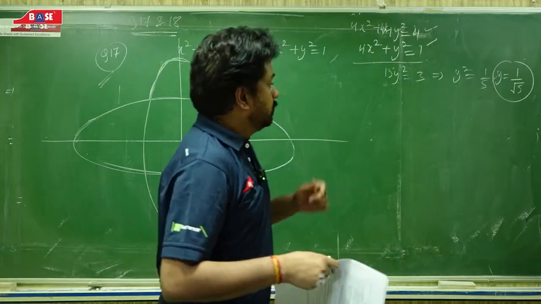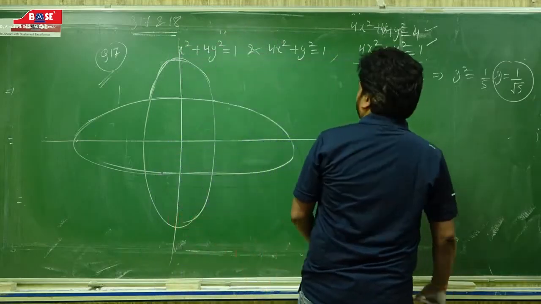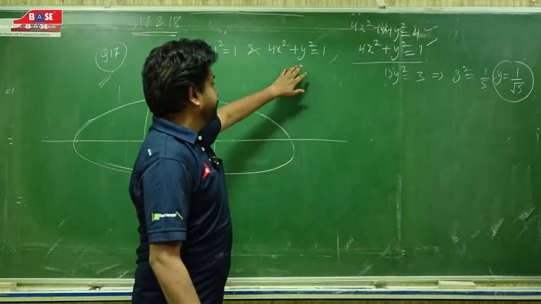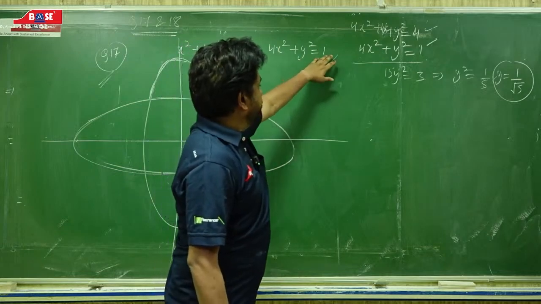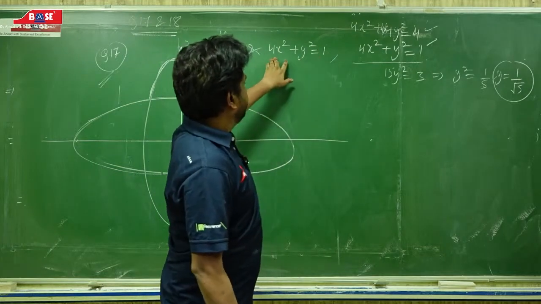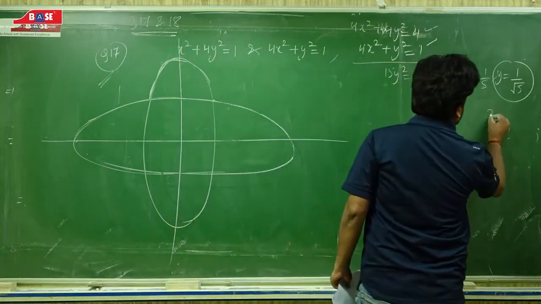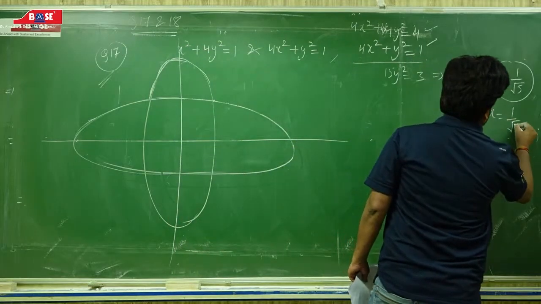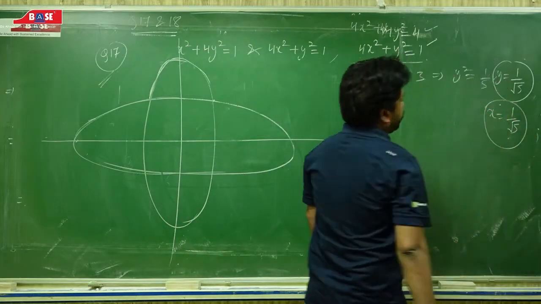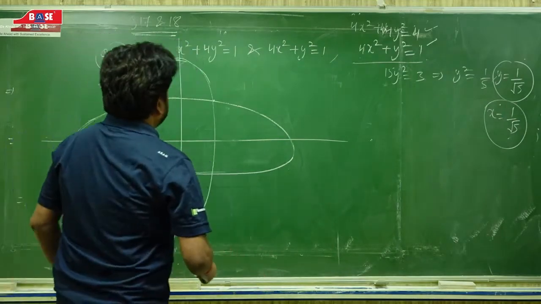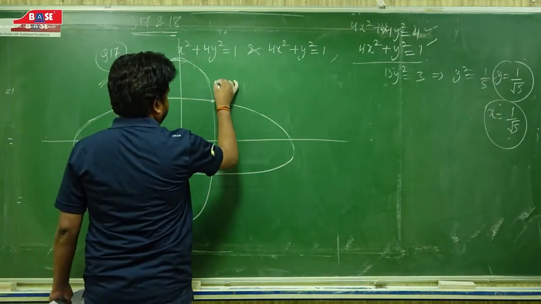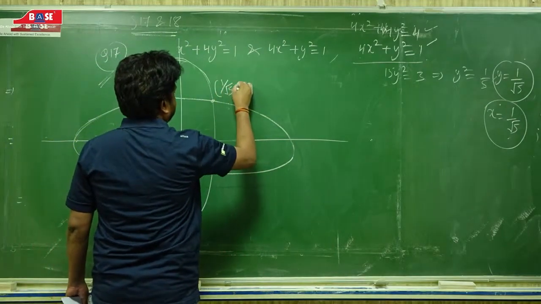Okay. So if y is 1 by root 5, you can substitute into any one of the equations here. So this will be 1 by 5. So I'll get 1 minus 1 by 5, that is 4 by 5. So the 4 cancels out, and I'll get the x value also as 1 by root 5. So we are getting the point of intersection 1 by root 5, 1 by root 5, right? This point is in the first quadrant.